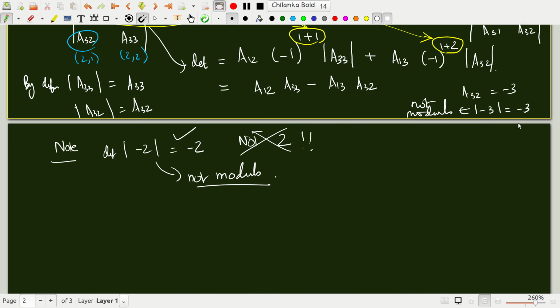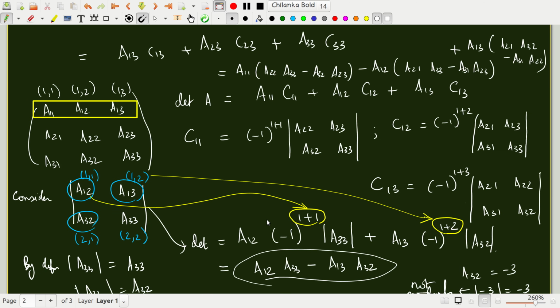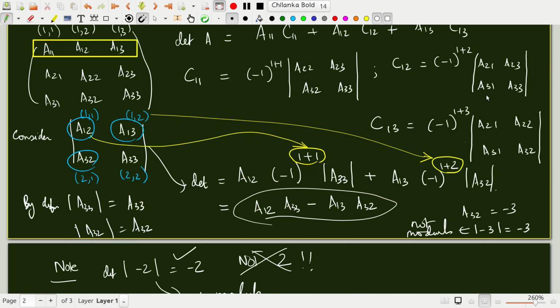I've just shown here this first part, which is what you find here, right? The other two contributions can be easily identified.